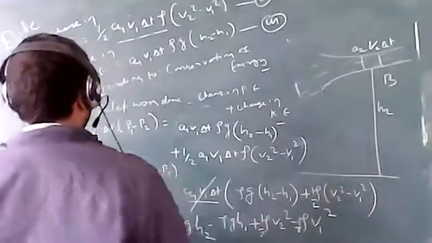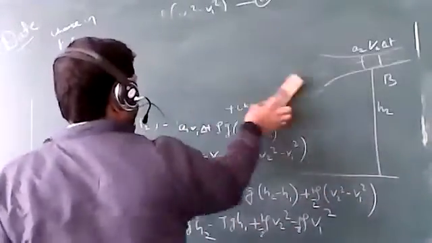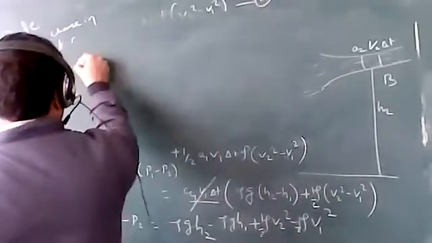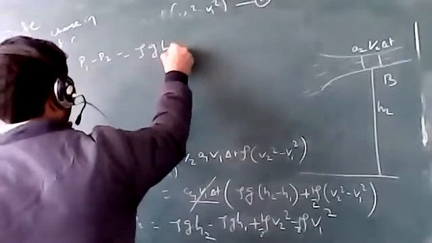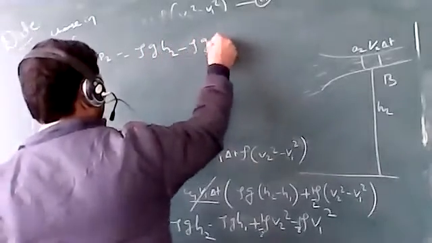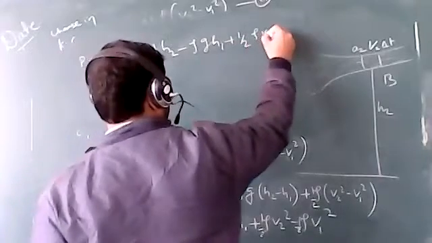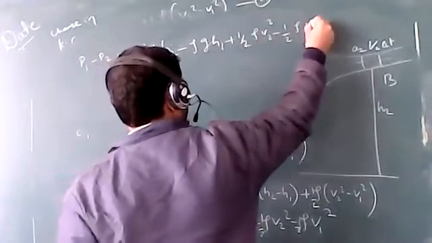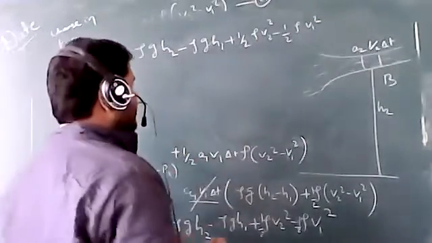Let me write it in the top portion: P1 minus P2 equal to rho GH2 minus rho GH1 plus half into rho V2 square minus half into rho V1 square. Okay, so this is the equation.